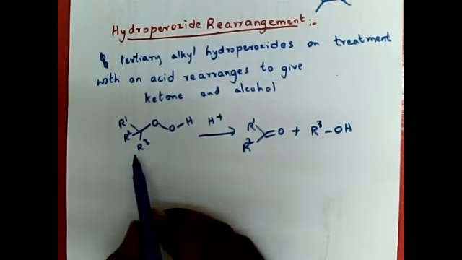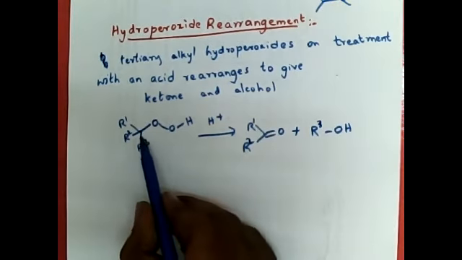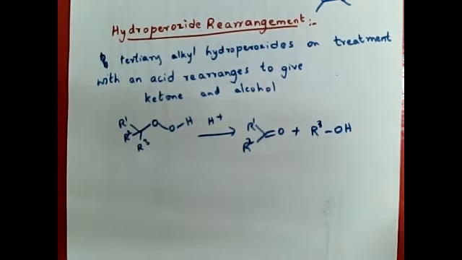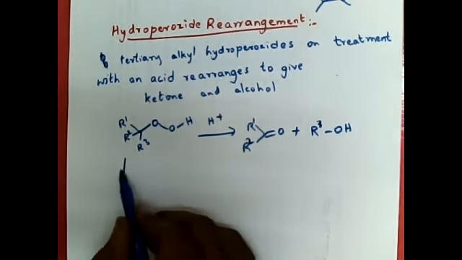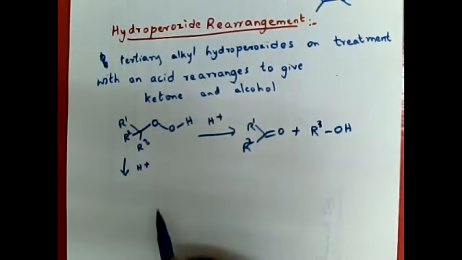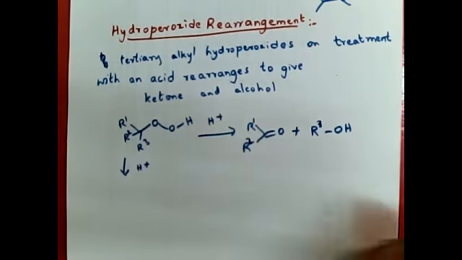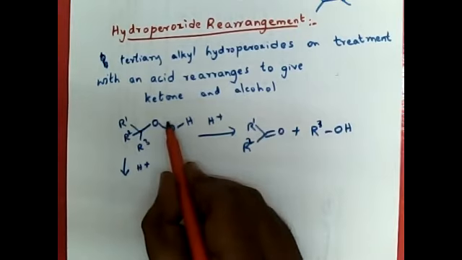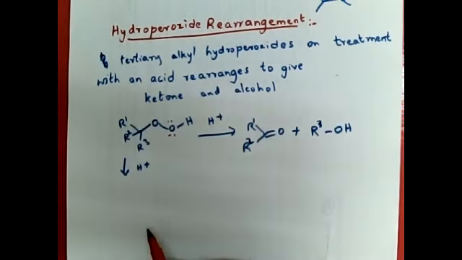What will happen here? One of the alkyl groups will be migrating. So I'll give the mechanism. When we treat this with proton, this oxygen will get protonated.